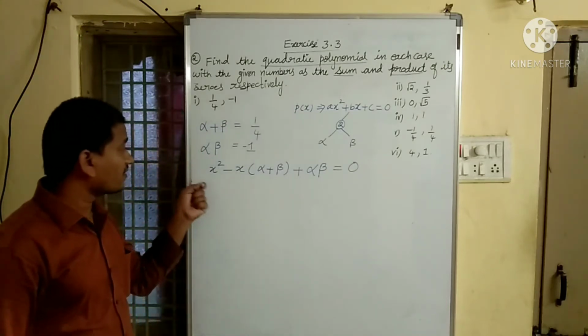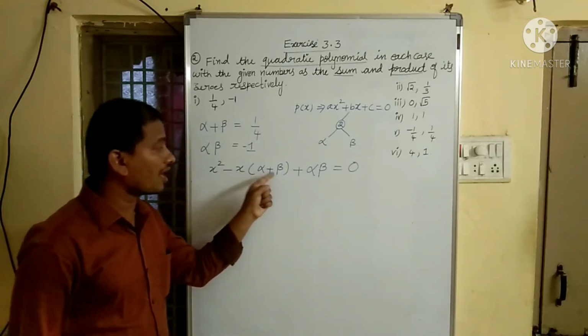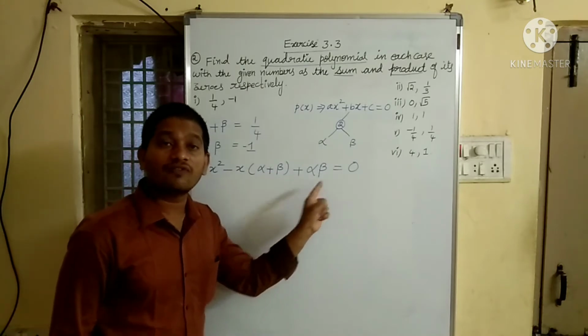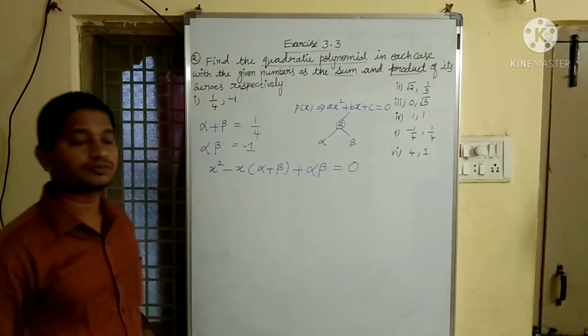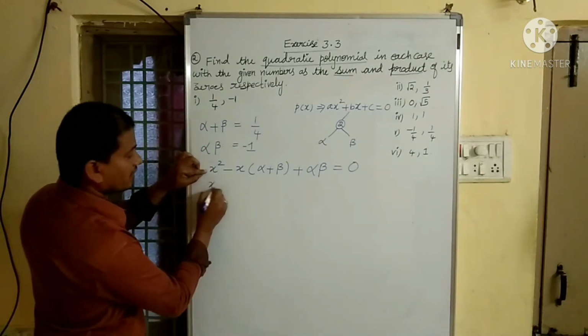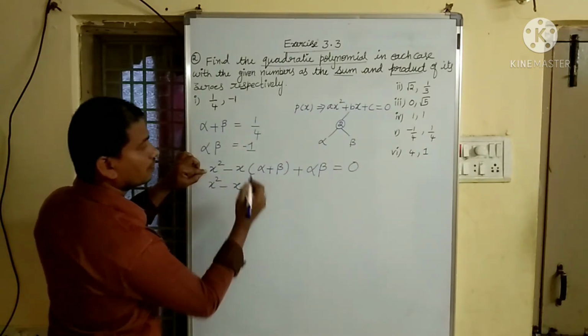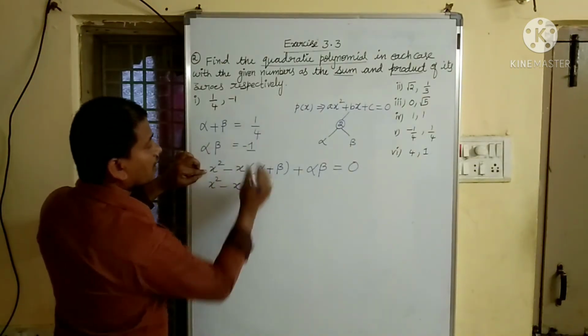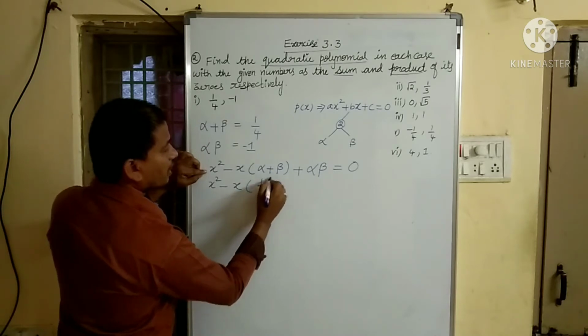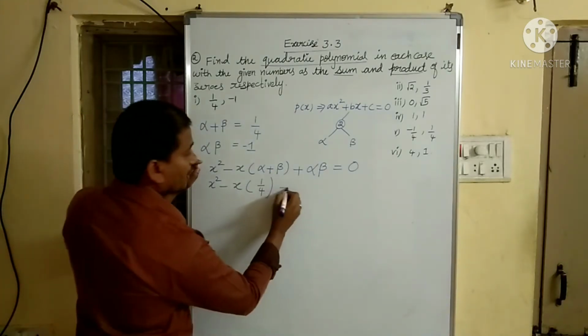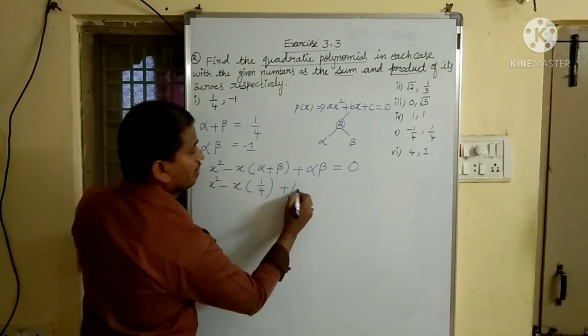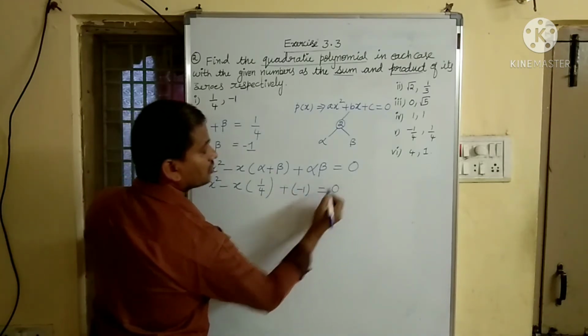So x² minus x into, what is alpha plus beta? Alpha plus beta is 1 by 4, plus alpha beta, which is minus 1, is equal to 0.